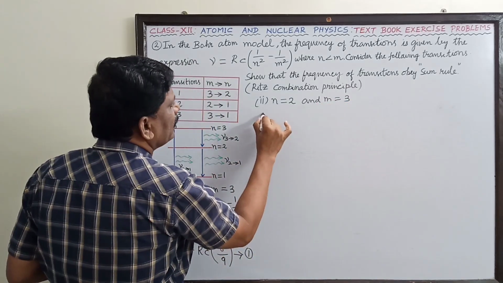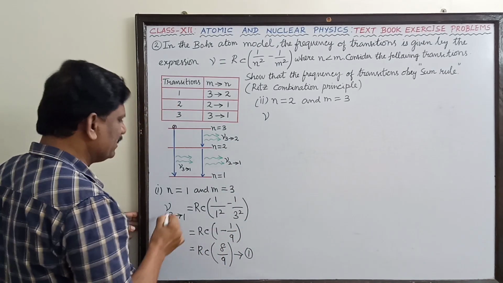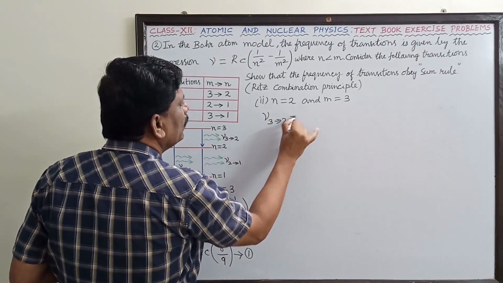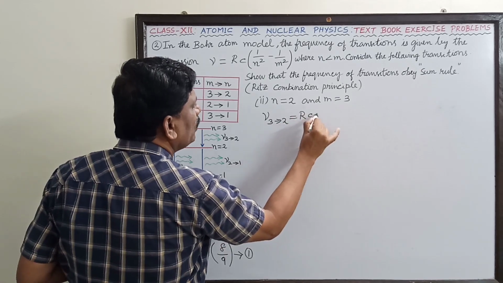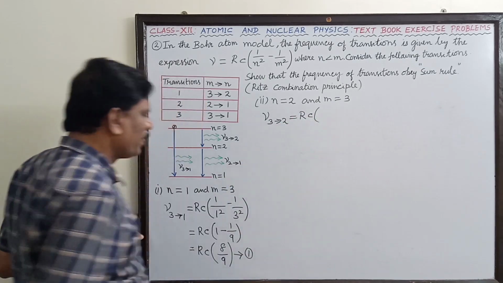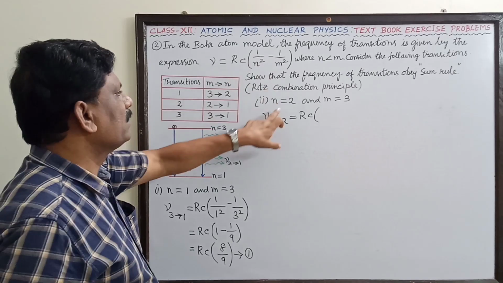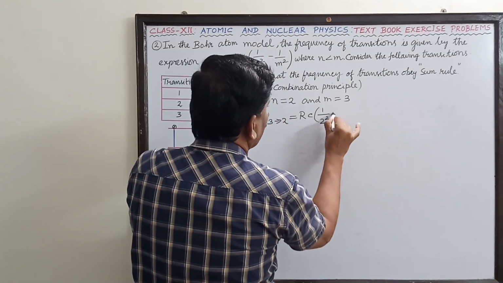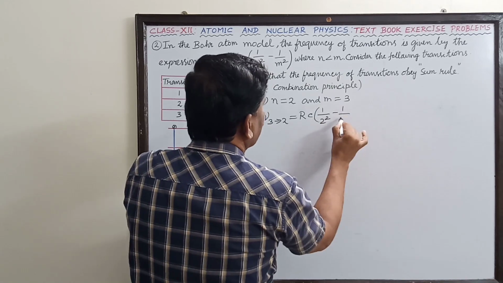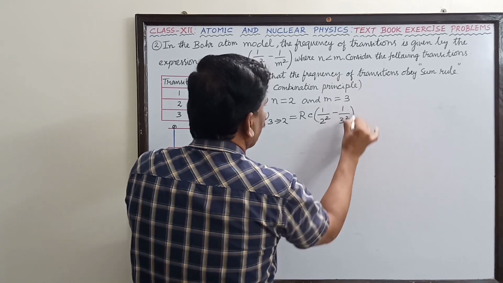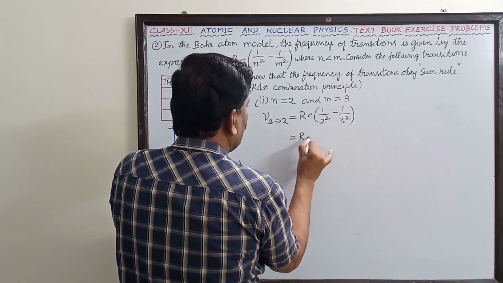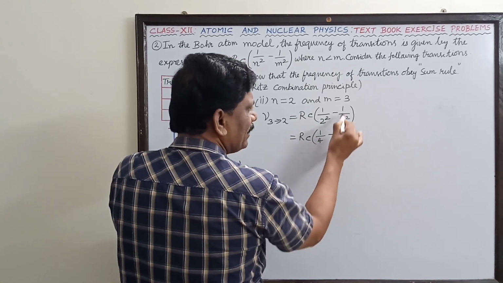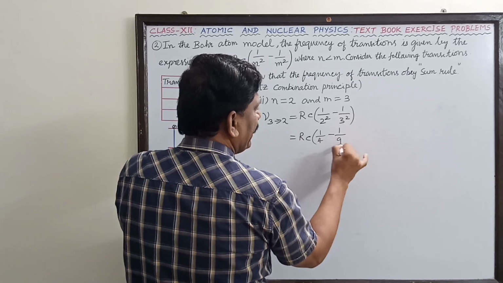So here the frequency of transition from 3 to 2, so nu 3 to 2, is equal to R into C into 1 by n square, so 1 by 2 square, minus 1 by m square, that is 3 square. So this is equal to R into C into 1 by 4 minus 1 by 9.